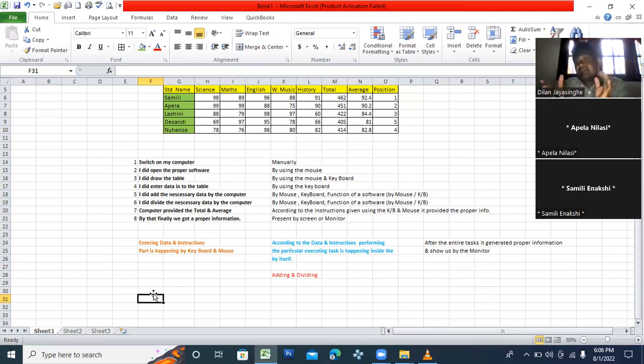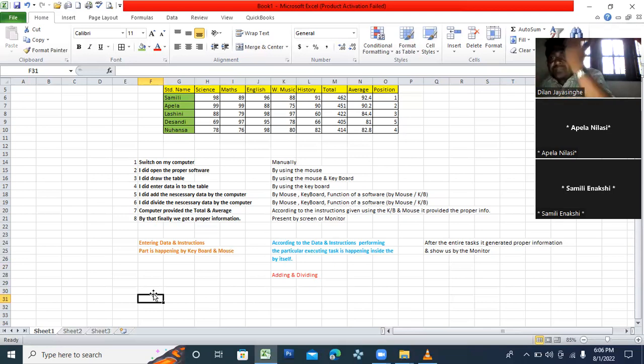But for that, it required our data and instructions. According to our data and instructions, inside the computer, some sort of task has happened.